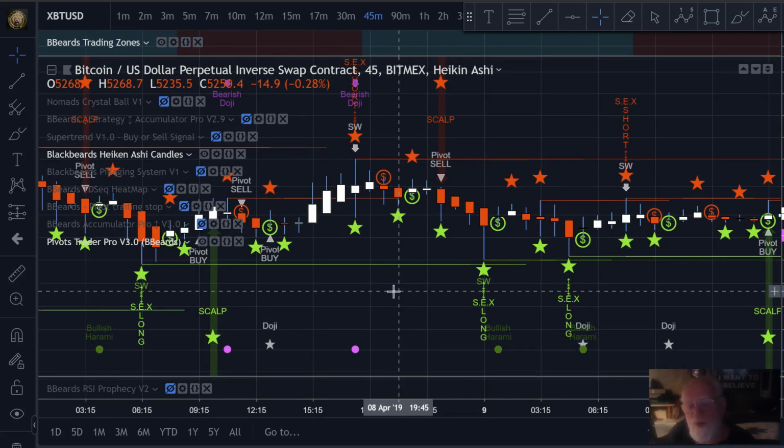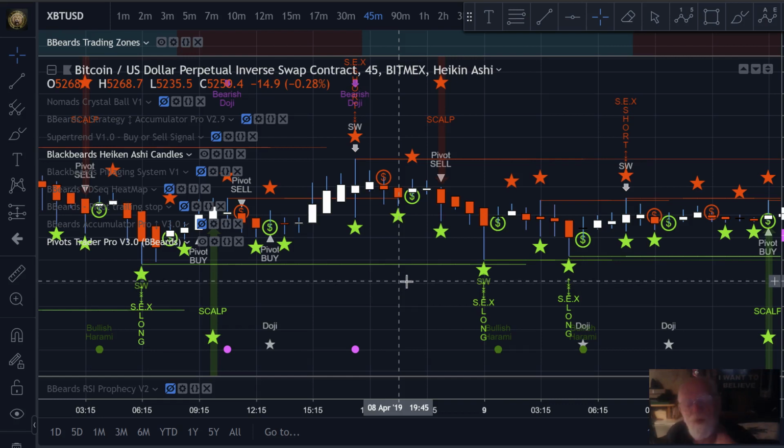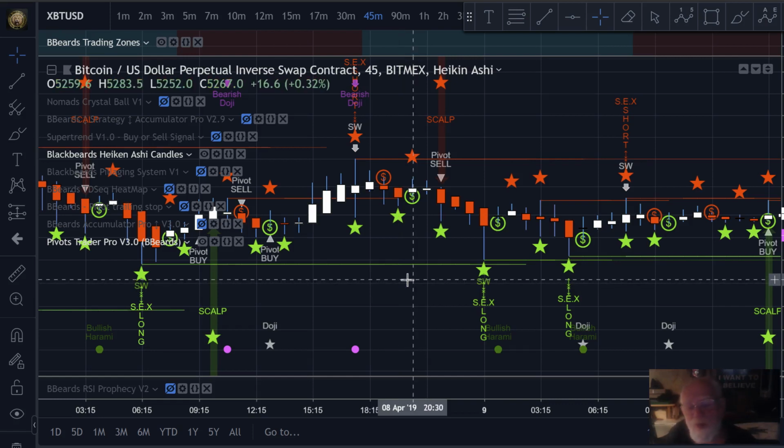If you're using Accumulator Pro, turn off the pivots. Turn off the bullseyes. You don't need double indicators if you're running this script. Turn off pivots, bullseyes, and there's another one in there too, a trend line thing, and I got that turned off too.